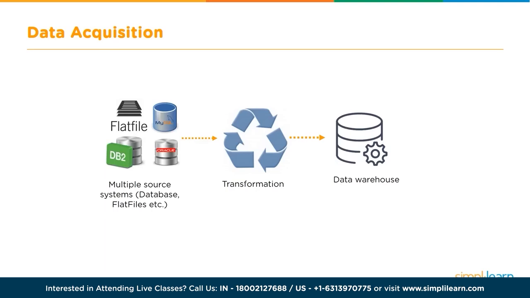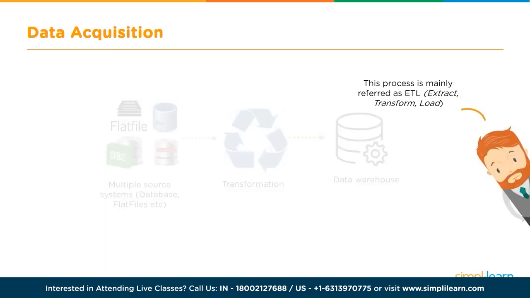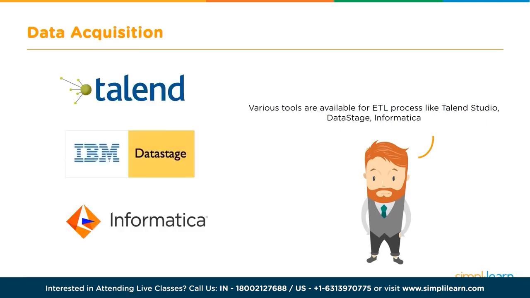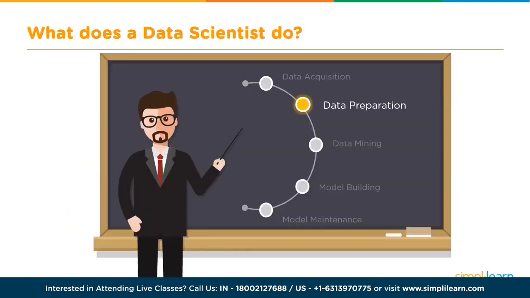So data from various sources is put in a centralized place, which is known as a data warehouse. That is also known as ETL. And in order to do this, data scientists can take help of some existing ETL tools, like for example DataStage, Talend, or Informatica. These are pretty good tools for performing these ETL activities and getting the data.